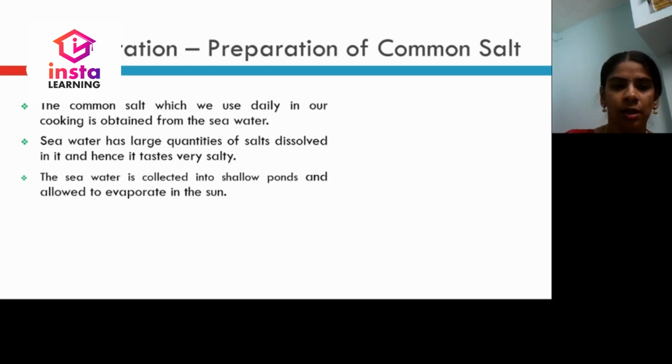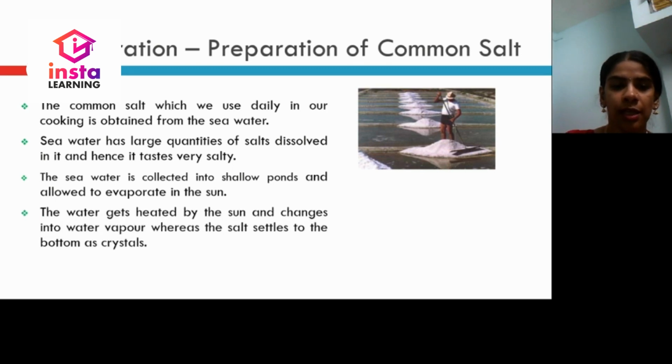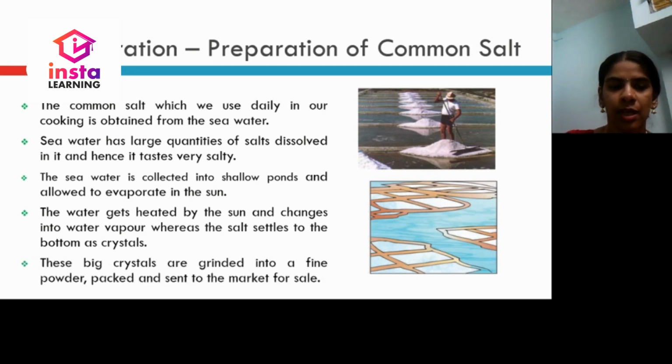The seawater is collected into shallow ponds and is allowed to evaporate in the sun. The water gets heated by the sun and changes into water vapor, whereas the salt settles to the bottom as crystals. These big crystals are ground into a fine powder, packed and then sent to the market for sale.